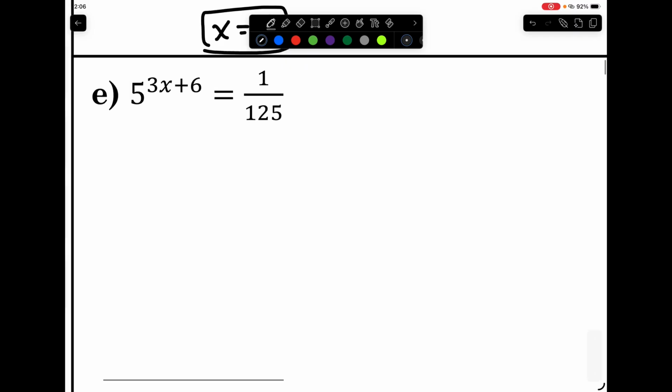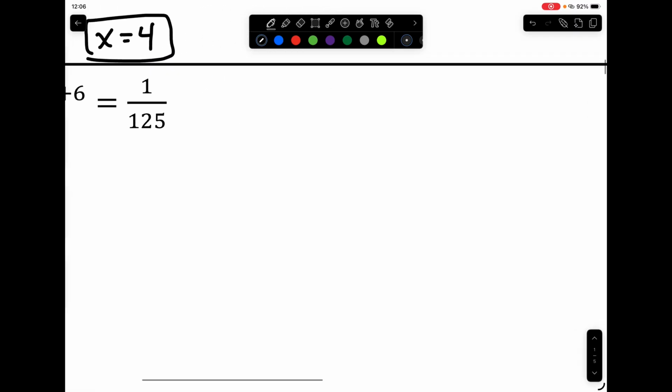So remember, let me write this down here, that if I have 1 over a base with a positive exponent, that is the exact same thing as flipping this, putting this above 1, so x over 1, and that changes the exponent to the opposite of whatever it currently is.